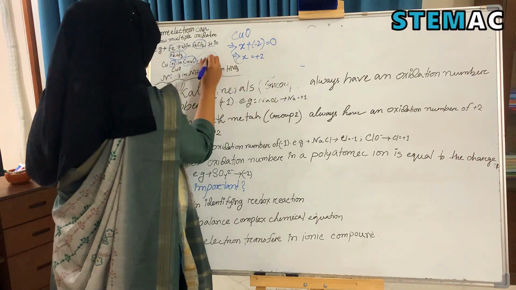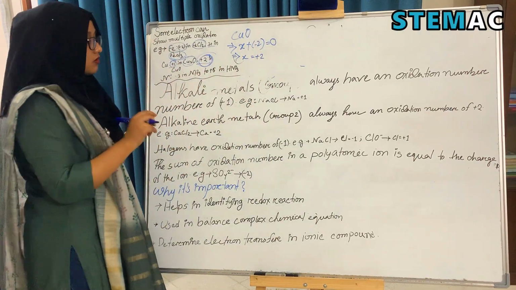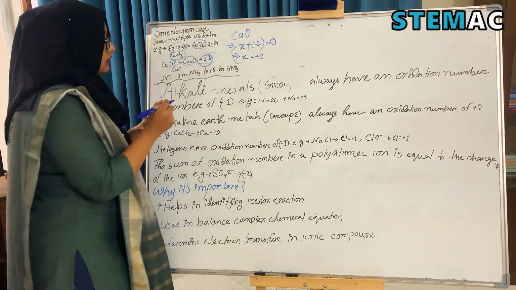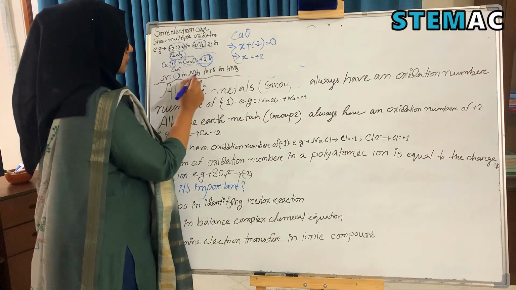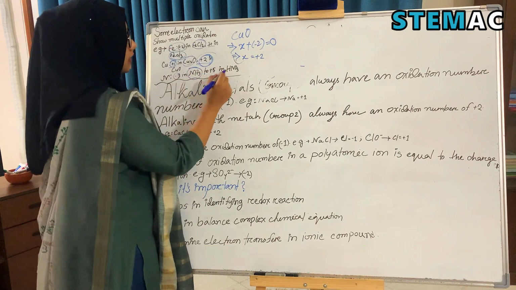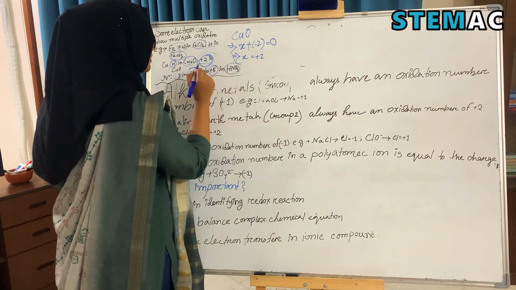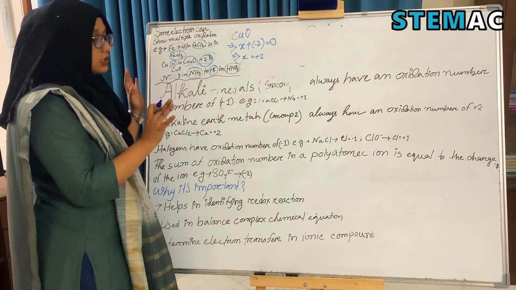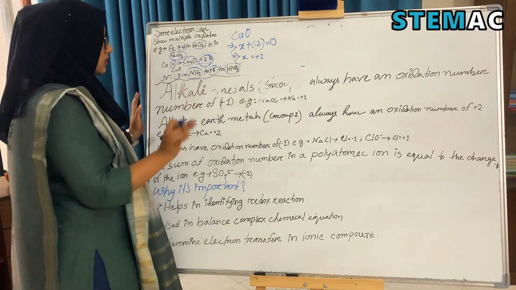So in copper oxide, copper has +2. In the case of nitrogen, it has -3 in NH3 and +5 in NO3. That's how the same element in different molecules can have different oxidation states.